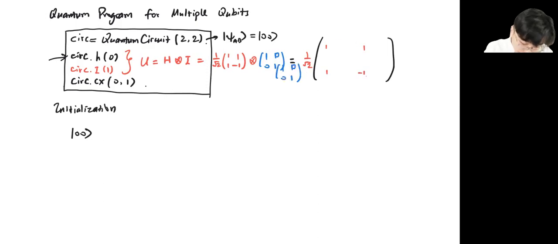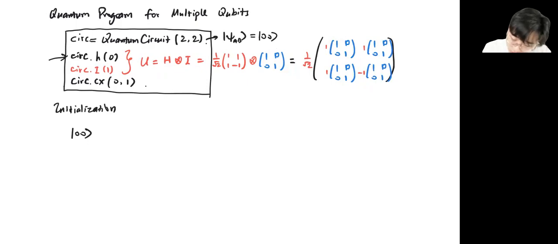Apply the identity. As a result, we have this 4 by 4 matrix. So the recipe for writing down the joint multi-qubit unitary gate from single qubit gates is again through tensor product.